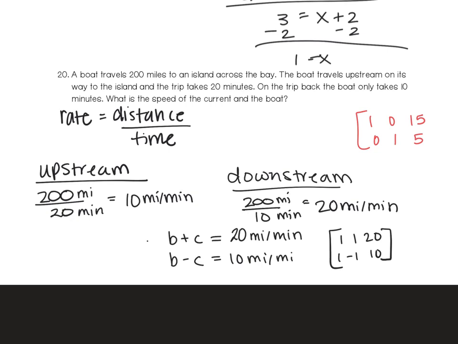And so you would say, since this was B and C, the boat speed is 15 miles per minute, and the current speed is 5 miles per minute. So just make sure you know how to write an augmented matrix and you know how to read the results.